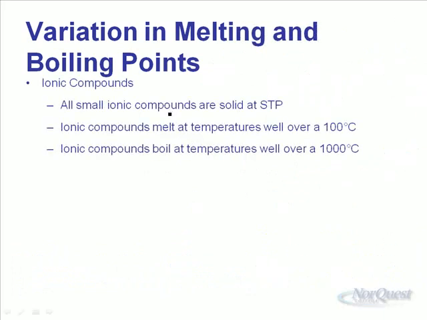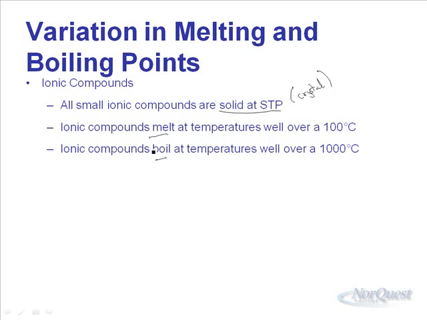Some more properties of ionic and molecular compounds. Ionic compounds, all small ionic compounds are solid at STP because they're packed as a crystal. Because they're packed together, melting and boiling represent the separating of atoms.